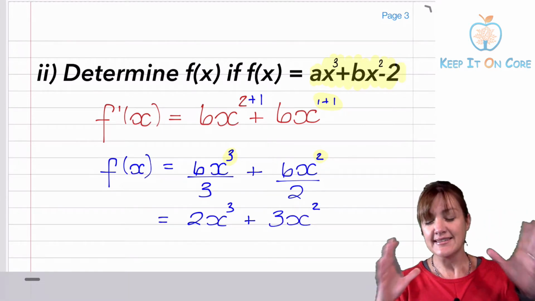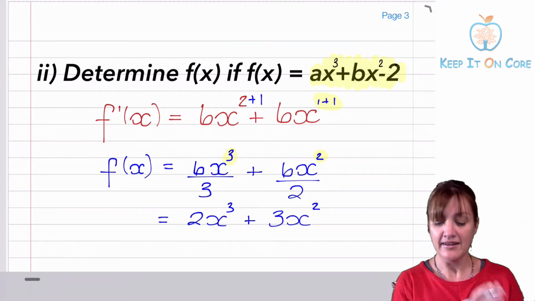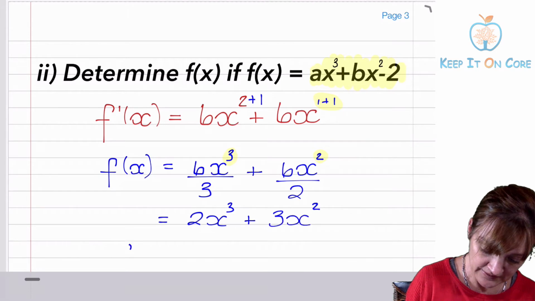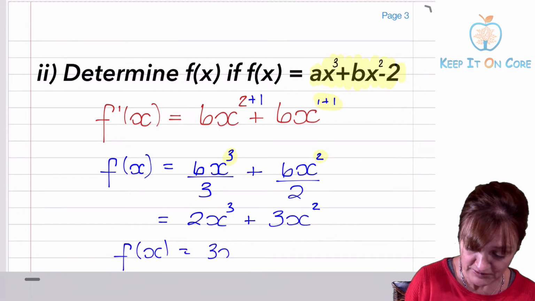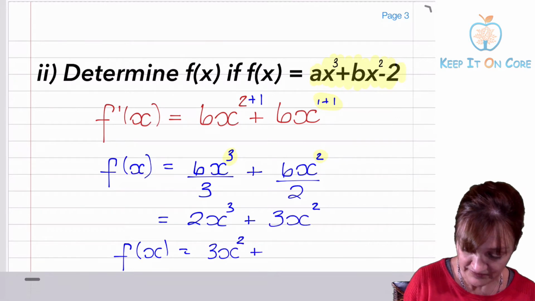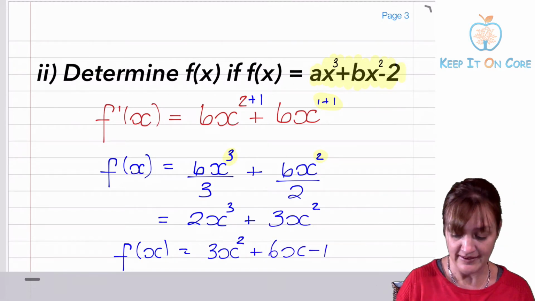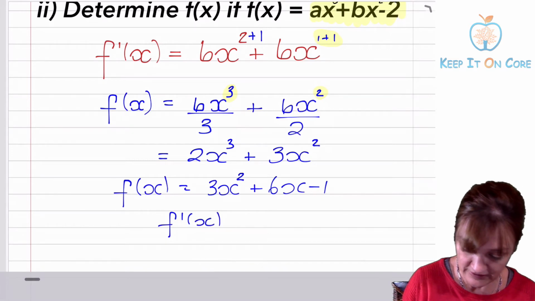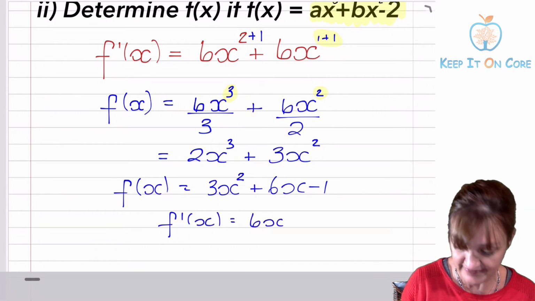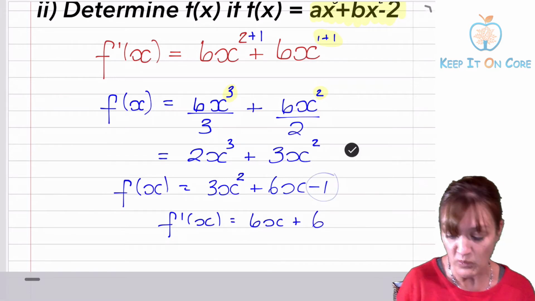Now, just listen carefully to this. When you're finding a derivative, let me quickly talk about a totally different example, just to illustrate something. 6x minus 1, let's say. If I found the derivative of this, it would be 6, and that 1 would fall away.